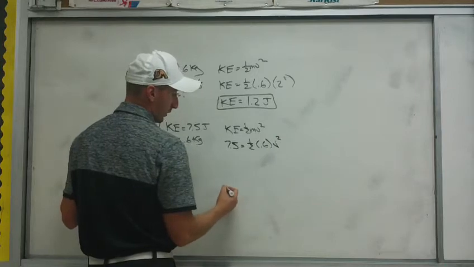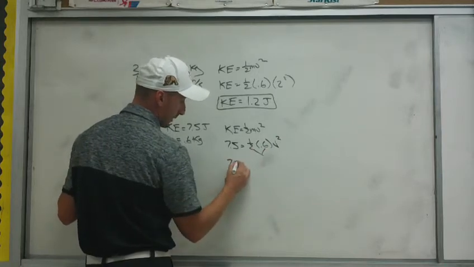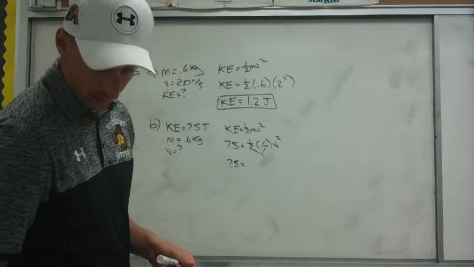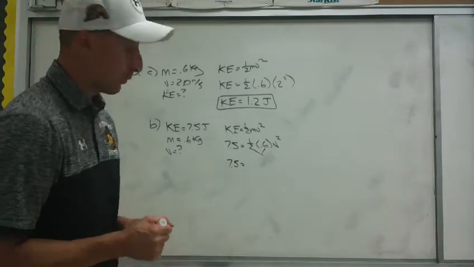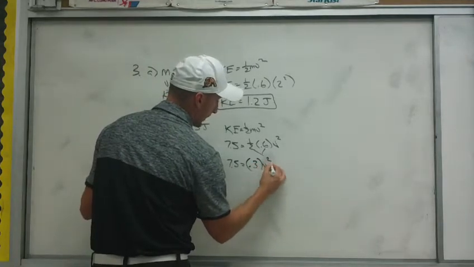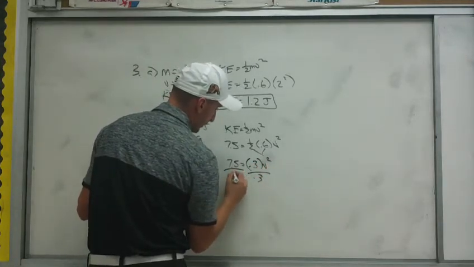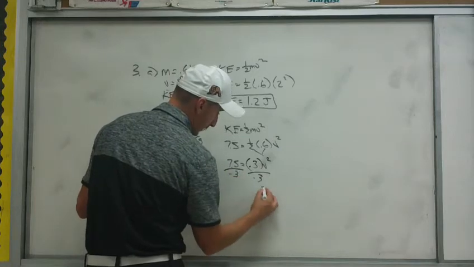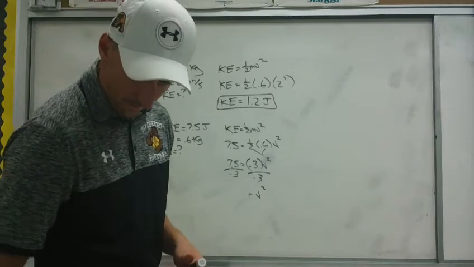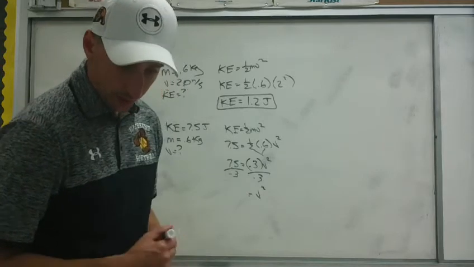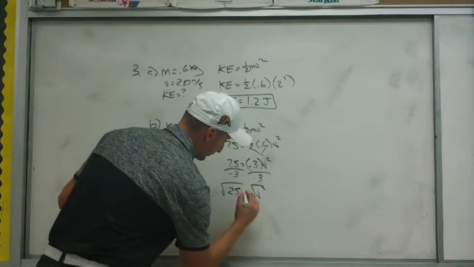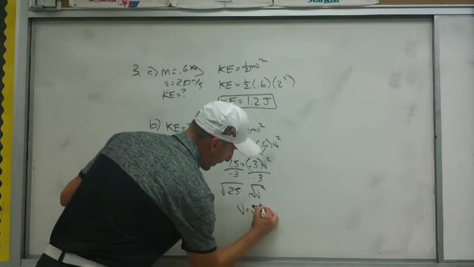Let me simplify. 7.5 equals 0.5 times 0.6, which gives me 0.3 v squared. I divide by 0.3 and get v squared equals 7.5 divided by 0.3, which is 25. Square root, I get velocity is 5 meters per second.